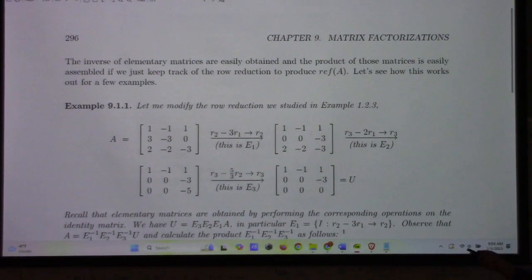It turns out that if you keep track of what you did, you can understand that U is equal to the product of the elementary matrices on A, which achieved this row reduction. And if you tilt your head and squint and look at that, it turns out that when you solve that, it gives you A equals LU, where L is a lower triangular matrix and U is an upper triangular matrix.